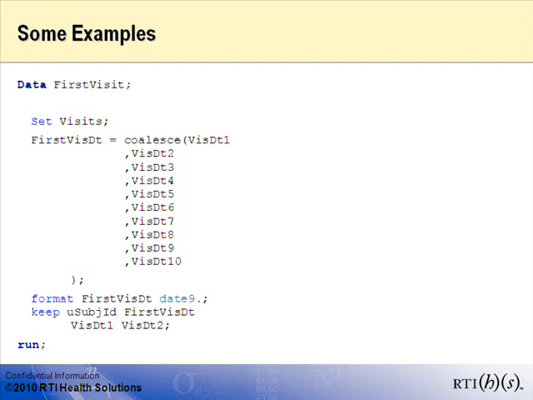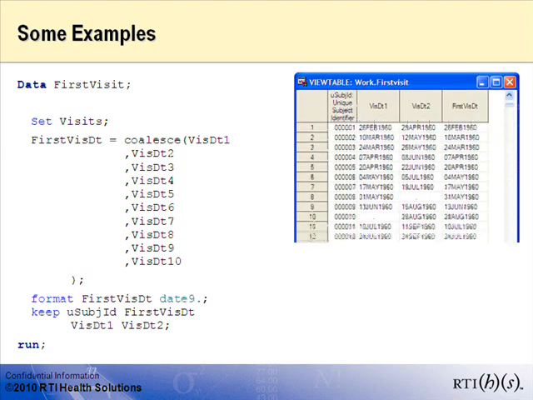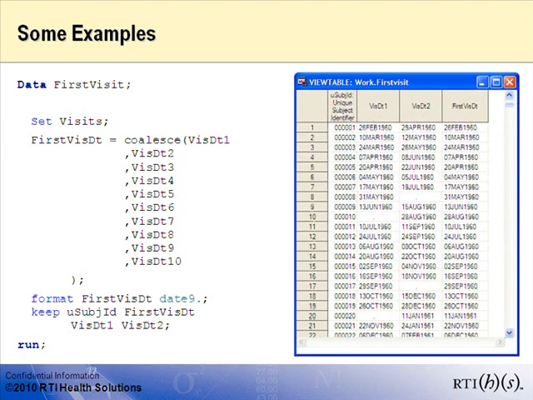In this case, visdt2 will be evaluated, and so on until a non-missing value is found, or the function evaluates all arguments, in which case the function will return a missing value. Here you can see the output achieves the desired result. Particularly if we look at row 10, you'll see the column visdt1 contains a missing value, and as such, the COALESCE function evaluated and returned visdt2.